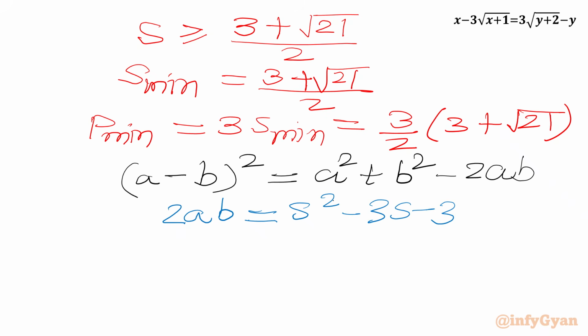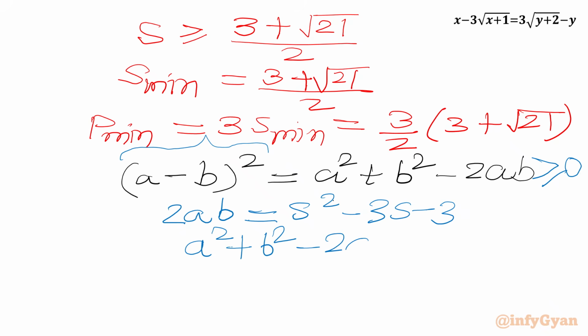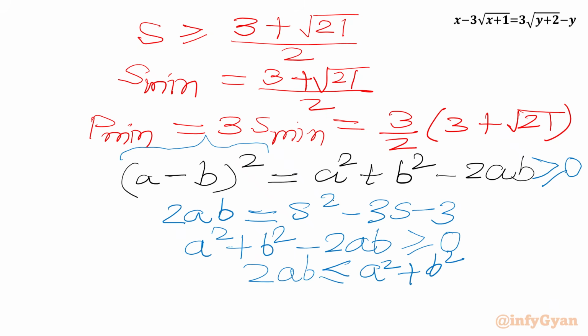Now we know that A minus B whole square must be non-negative. So I can write here one inequality: a square plus b square minus 2ab must be non-negative. From here 2ab must be less than or equal to a square plus b square.